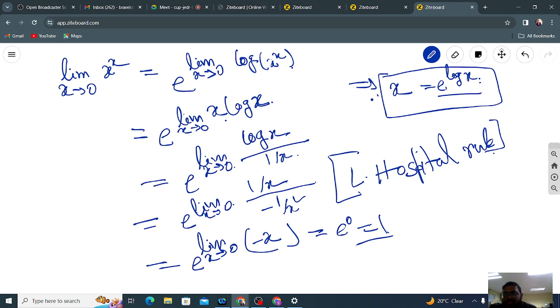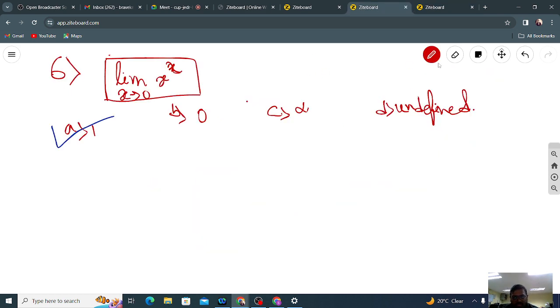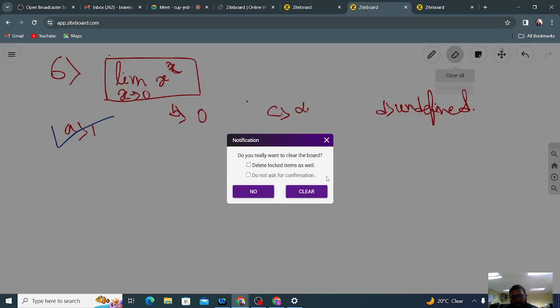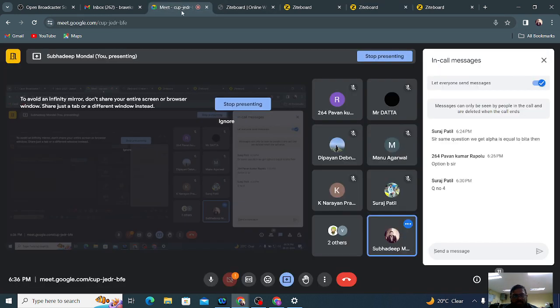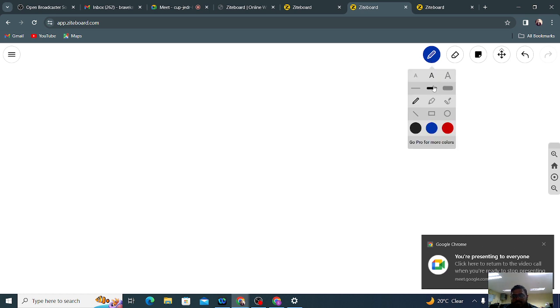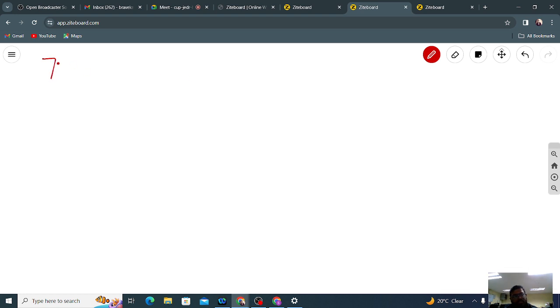Okay, so let us move to the next question. The next question says that we have a unit step function u(t) multiplied by delta of 3t, is equal to what?